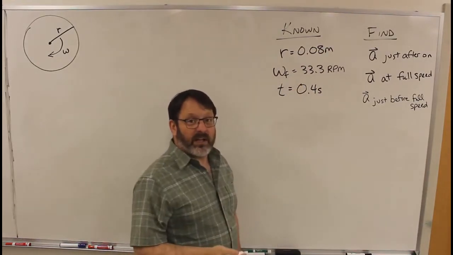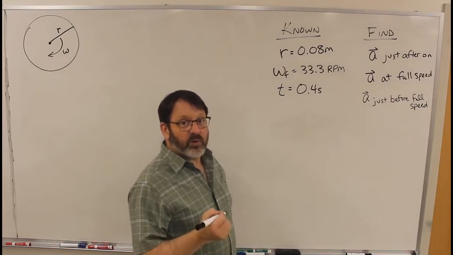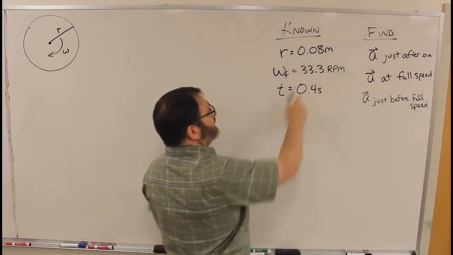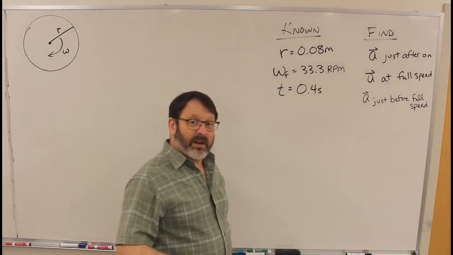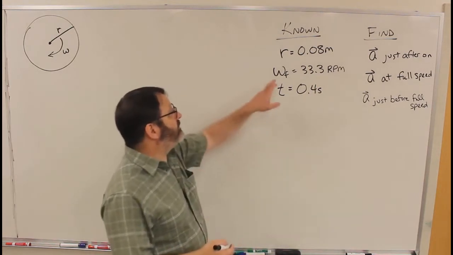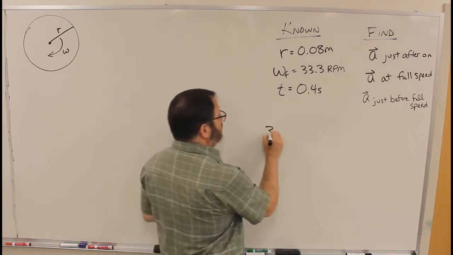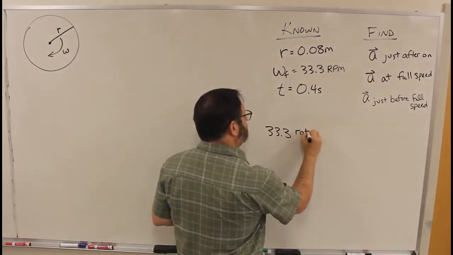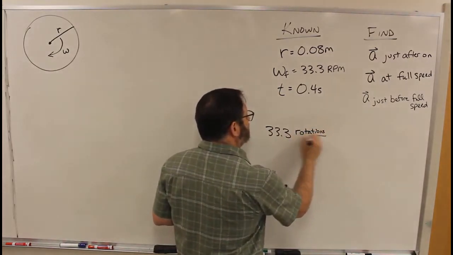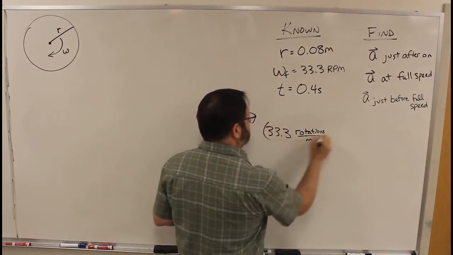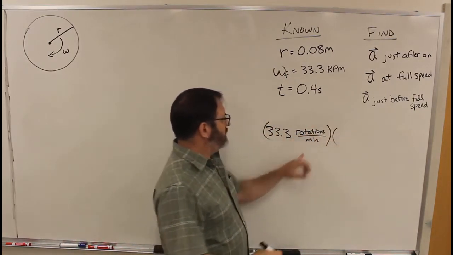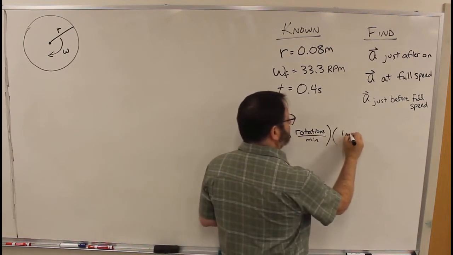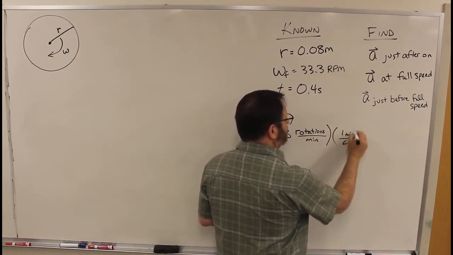33.3 RPM, revolutions per minute or rotations per minute. That's not an SI unit either. I want it in radians per second. So I need to convert that. So 33.3 rotations per minute. I know that I can convert minutes to seconds, 1 minute per 60 seconds.